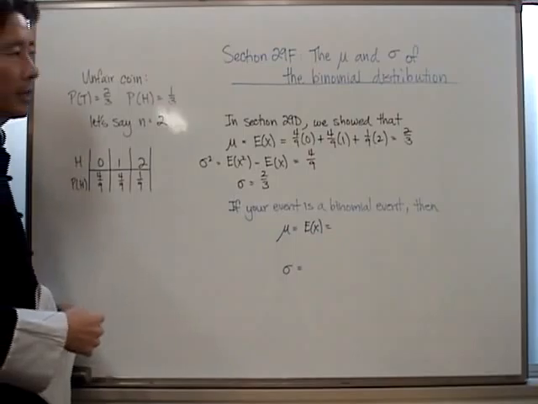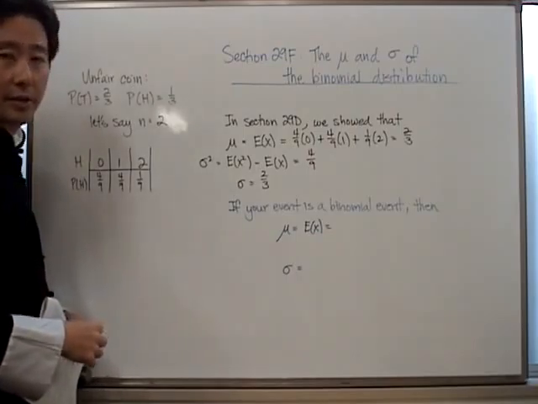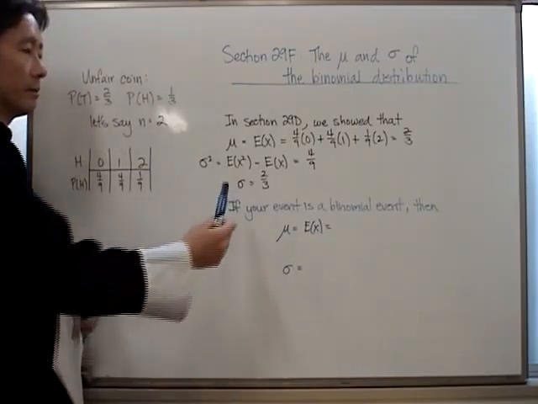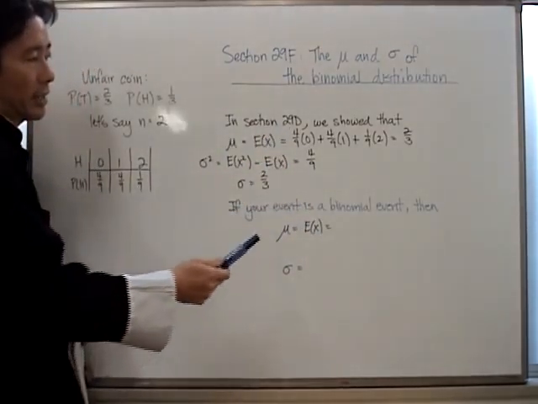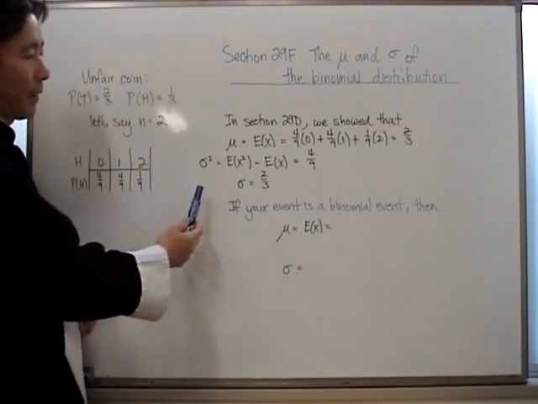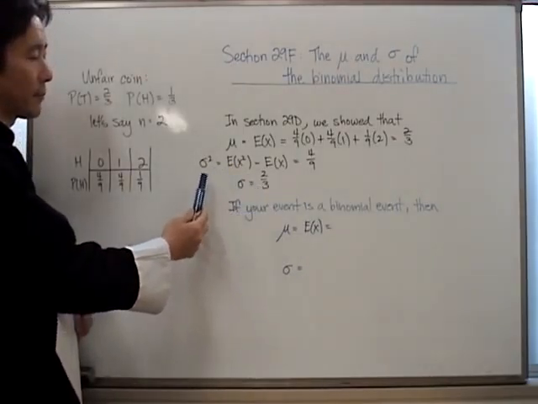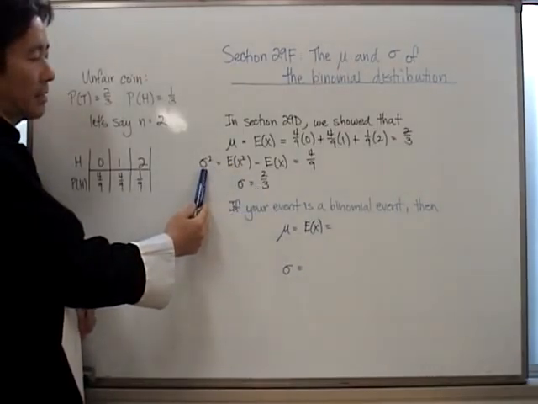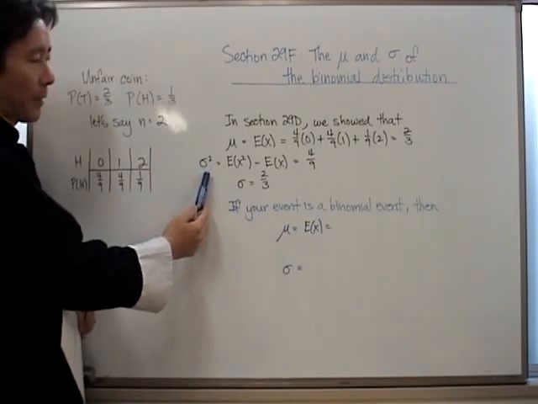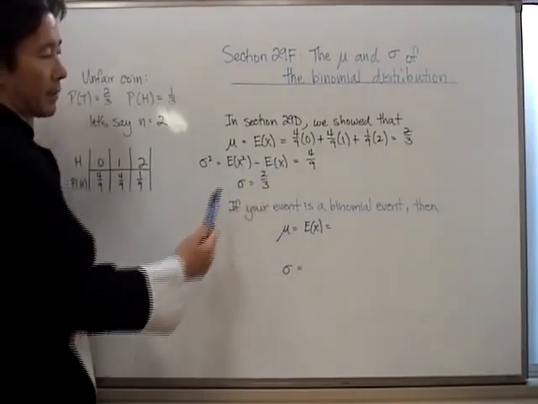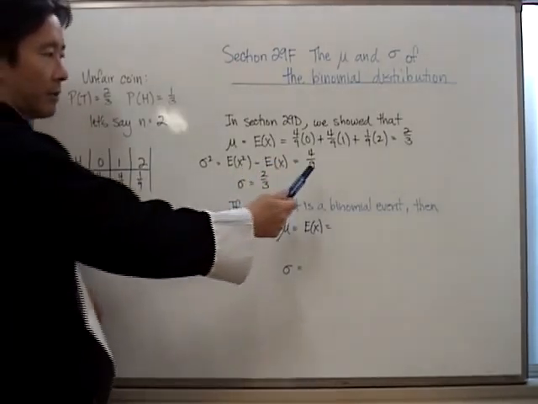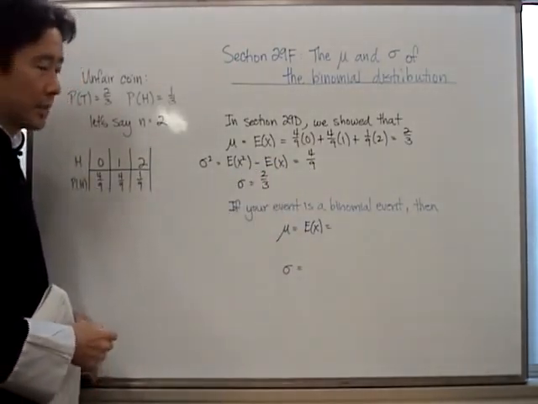And then we asked, how do you calculate the standard deviation? Well, being that we did it already in 29D, let's just take a look at the result that we had, since it would take a bit more time. We said that the standard deviation squared is equal to the expectation of x squared minus the expectation of x squared, and that was equal to 4/9.